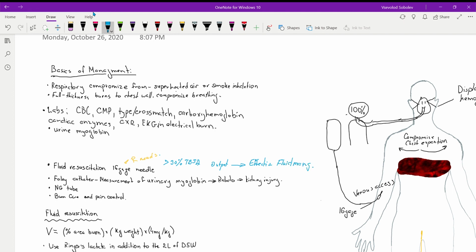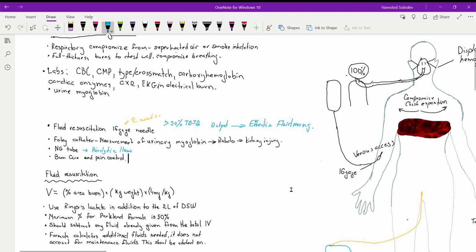Then a nasogastric tube, if they have a paralytic ileus, because the contents may go back, and they will empty the contents of their GI tract, and of course control their pain.